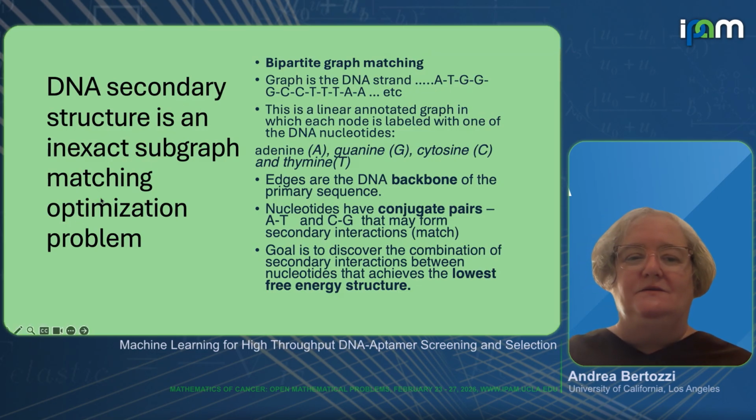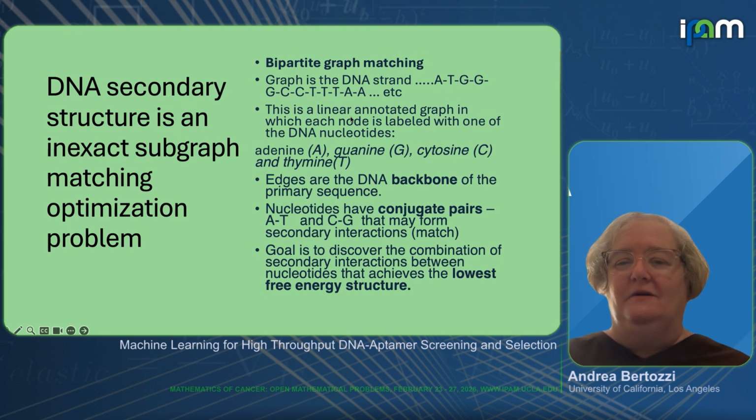Basically, DNA secondary structure is a bipartite graph matching problem. The graph is the DNA strand, which is a sequence of nucleotides. So it's a linear annotated graph in which each node is labeled with the DNA nucleotide.